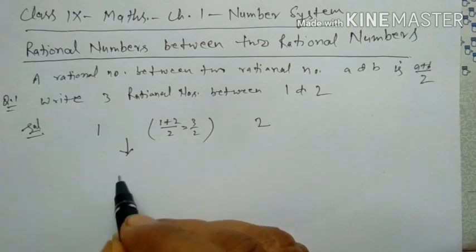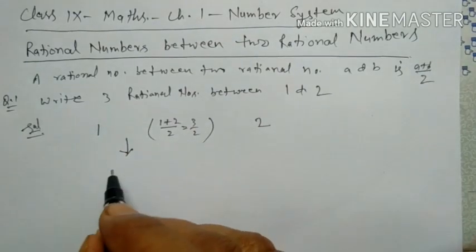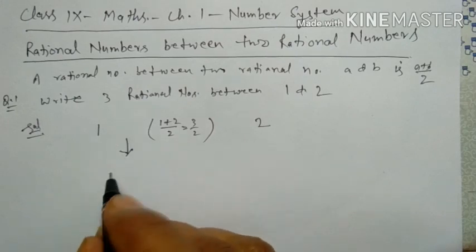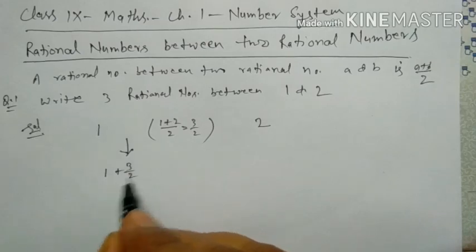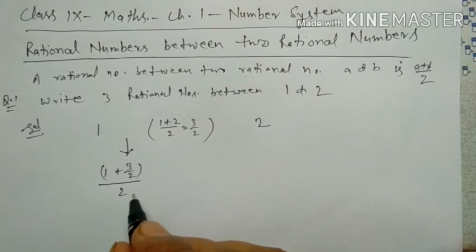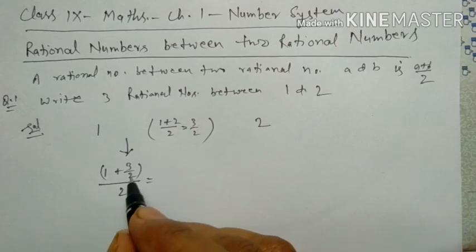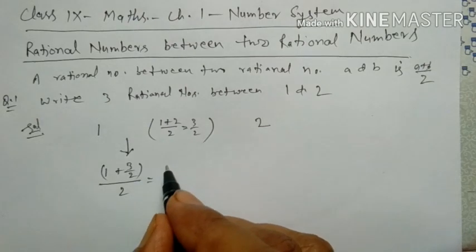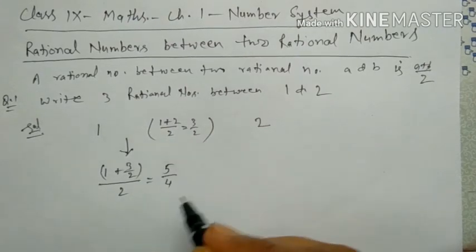Here a equals 1 and b equals 3 by 2. So in between these two numbers, another rational number will be (1 plus 3 by 2) whole upon 2. It becomes 2 ones are 2 and 3, 5, so 5 by 2 and 2 is 5 by 4.